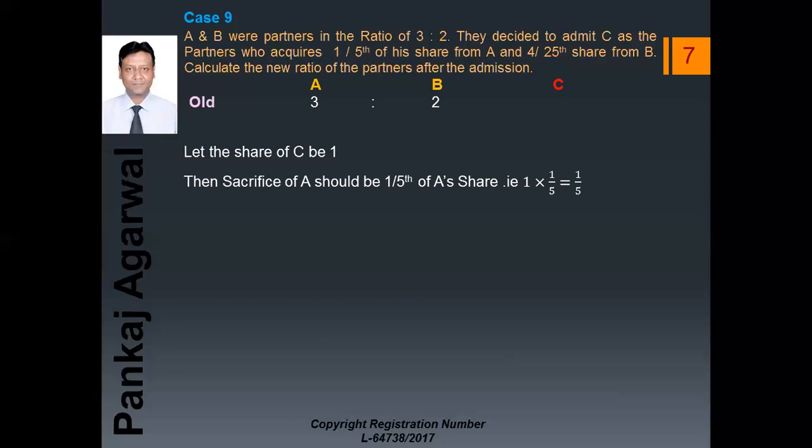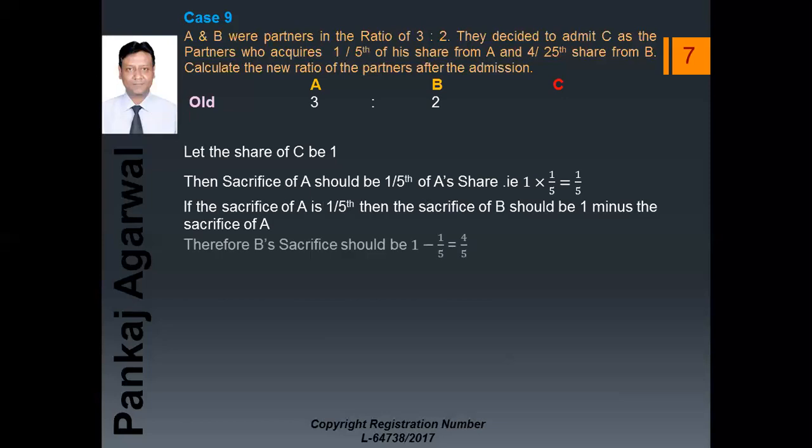As I previously told you, when we sum up the total sacrifices of the old partners, it comes to the new share of the new partner. If 1/5 is the sacrifice made by A, then what will be the sacrifice made by B? It will be 1 minus 1/5, which equals 4/5.